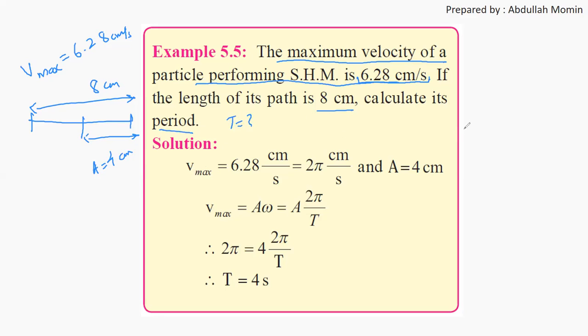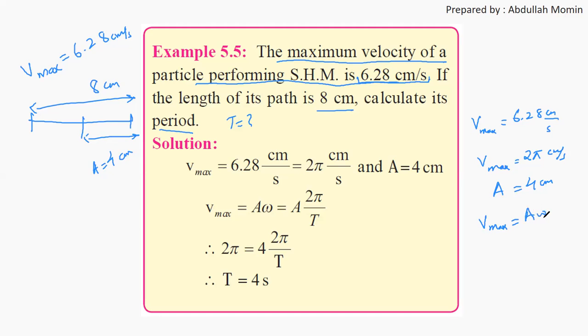So we will write Vmax is equal to 6.28 centimeter per second, and 6.28 is the value of 2 pi. A is 4 centimeters, so we know that Vmax is equal to A omega.